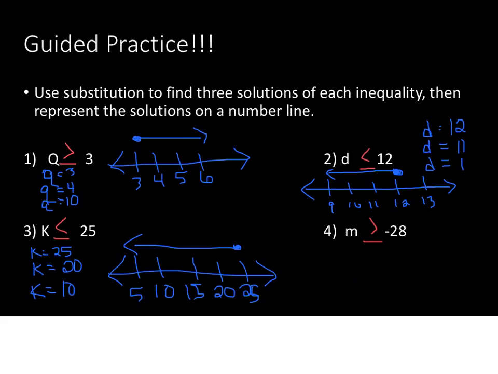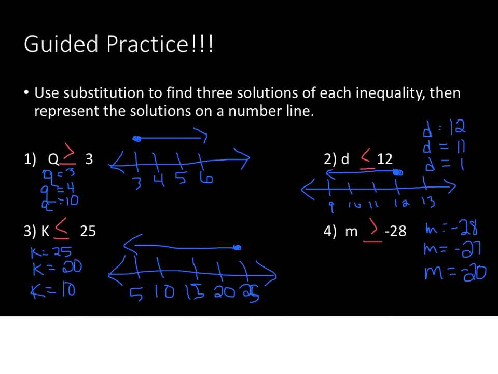So now number 4, I have M is greater than or equal to negative 28. So M could be equal to negative 28. But think hard about what numbers are greater than negative 28. M could be equal to negative 27. M could be equal to negative 20.